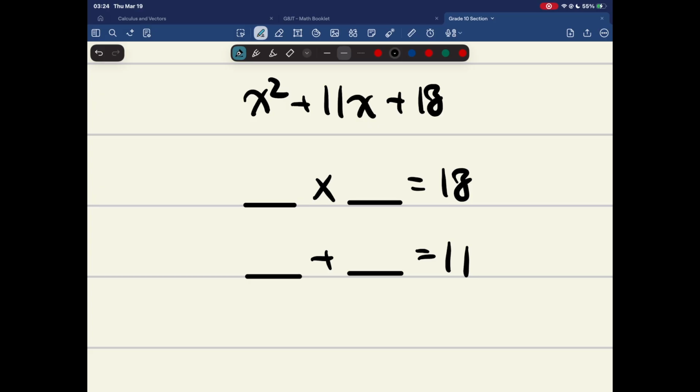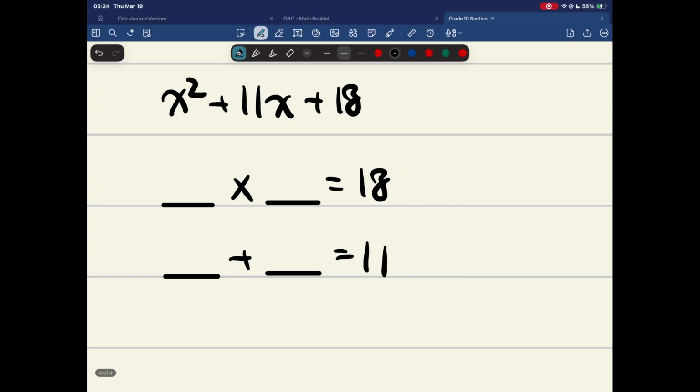So let's see, 6 times 3 will be 18, but it doesn't equal 11.